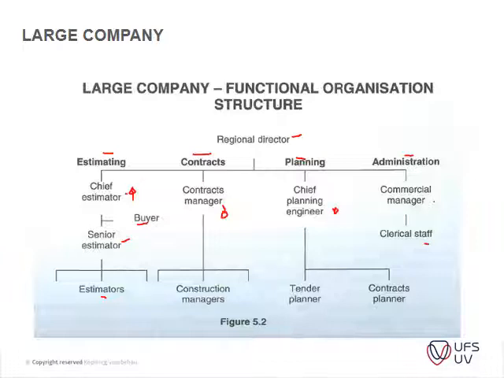And then you've got your planning division, and this is the department that usually looks at tenders that are coming out. They would give that through to the regional director also, or to whoever needs to complete the tenders. They will identify potential tenders, and they will also plan according to the implementation of those projects.